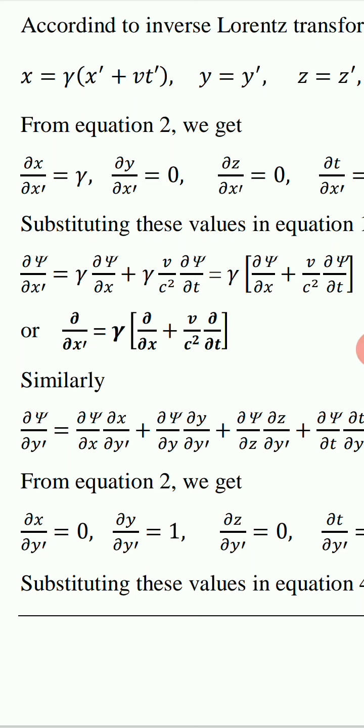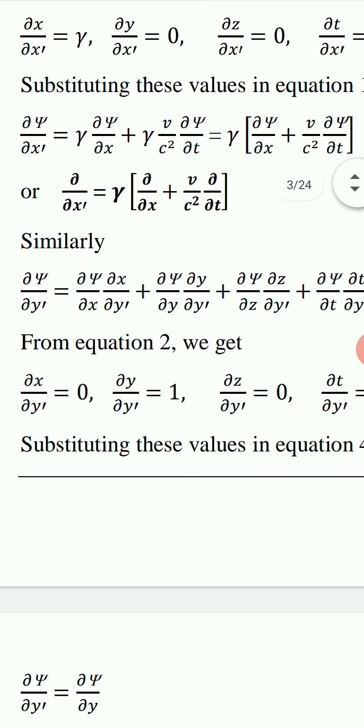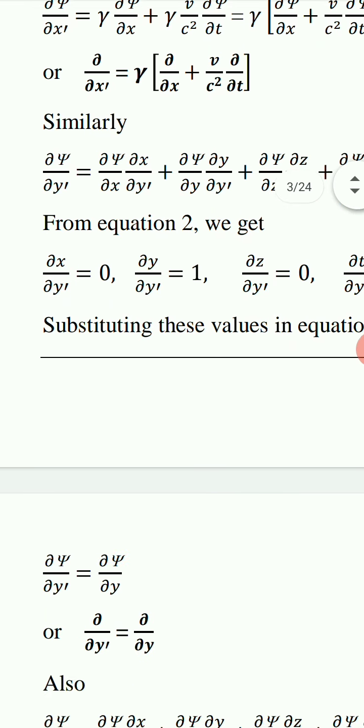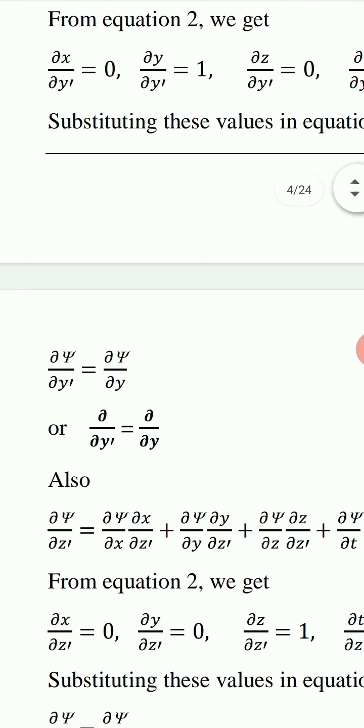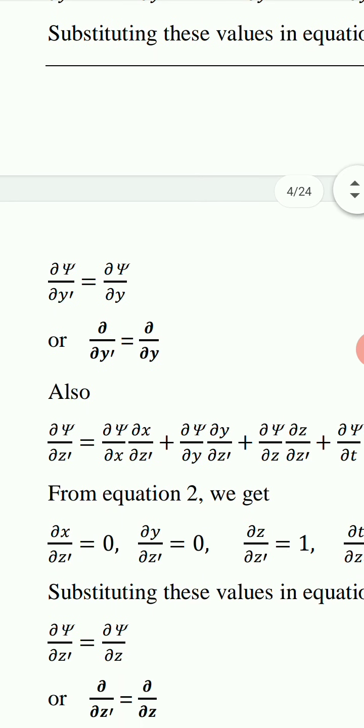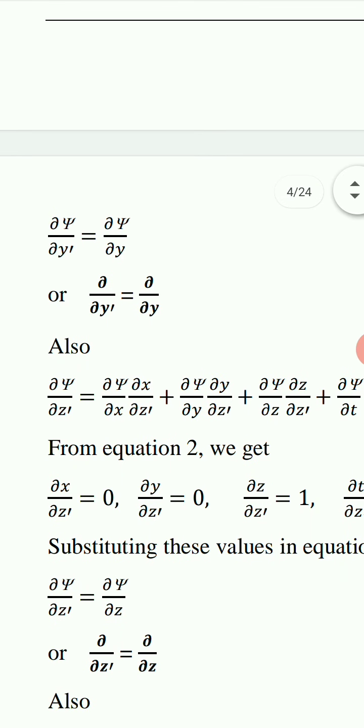In a similar manner, we can find the expressions for delta upon delta y dash, delta upon delta z dash and delta upon delta t dash. The relation for delta upon delta y dash is: delta upon delta y dash equals delta upon delta y.